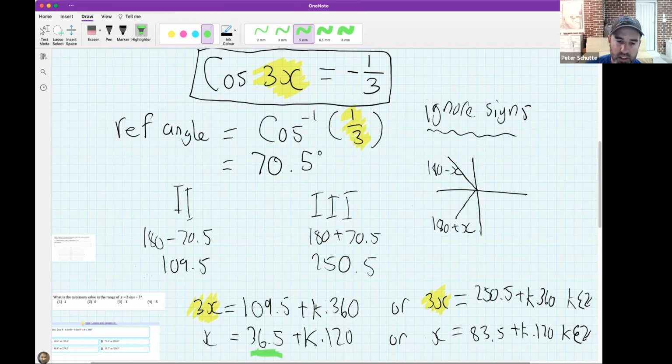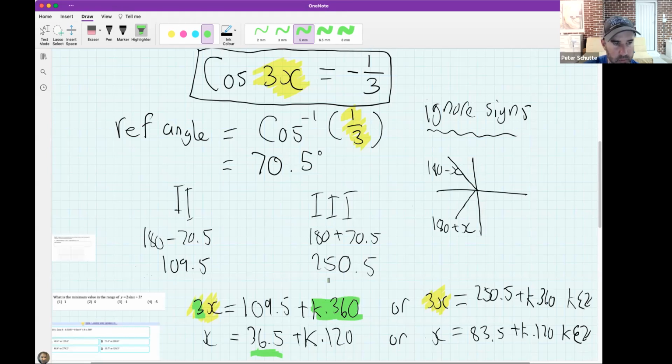The k times 360 is because the cos graph has a normal period of 360. However, in this question, because there was a 3 next to the x, and I divide both sides by 3, the period is changed from 360 down to 120. Okay, so I hope that helps a little bit.